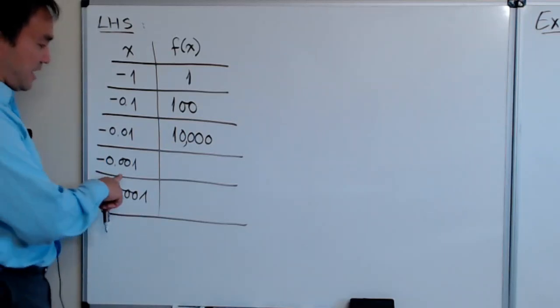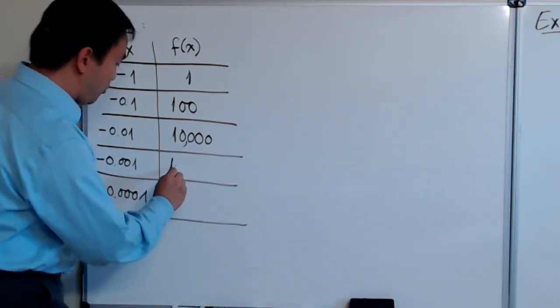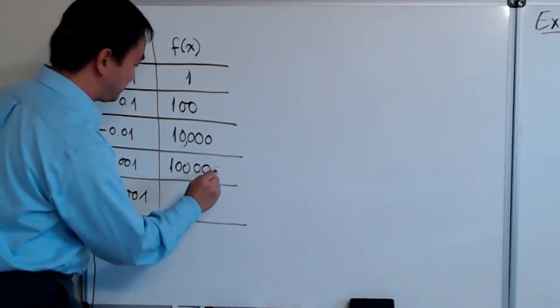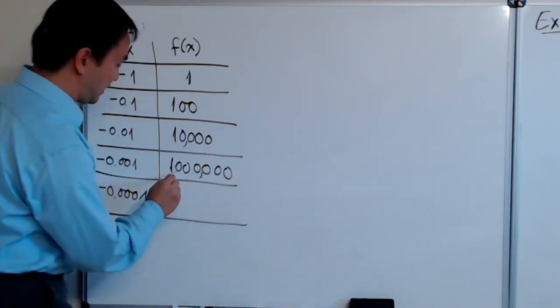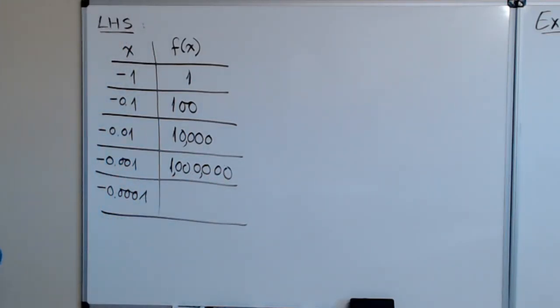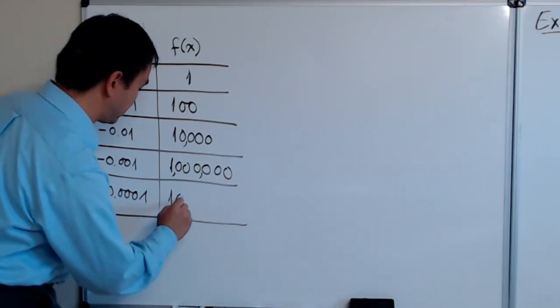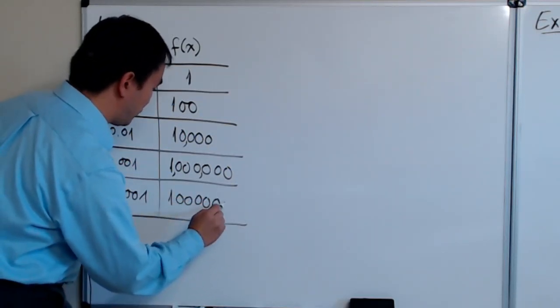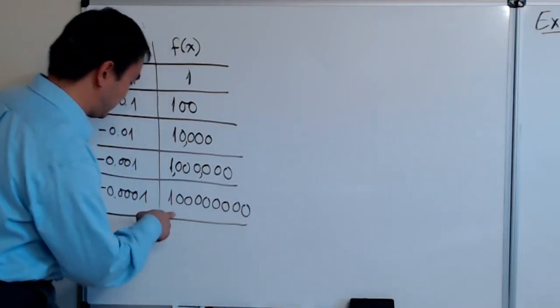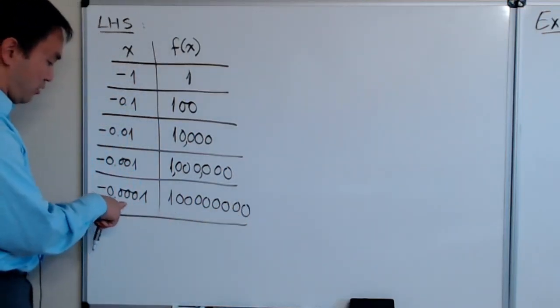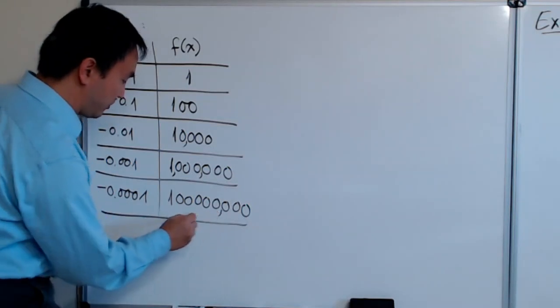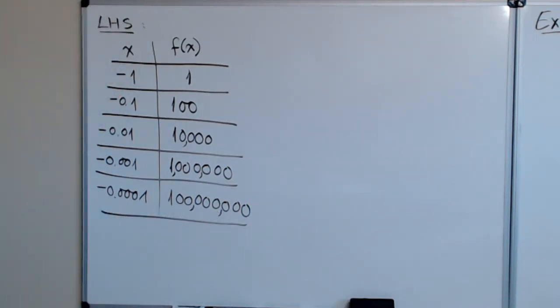Our next output value is 1 million, and our output corresponding to x equals -0.0001 is going to be 100 million.